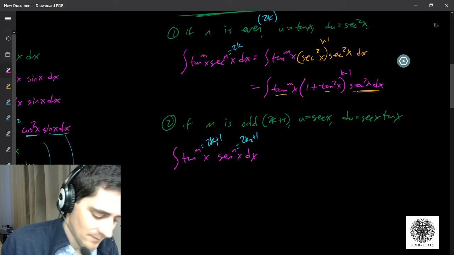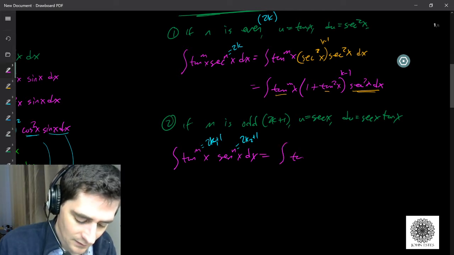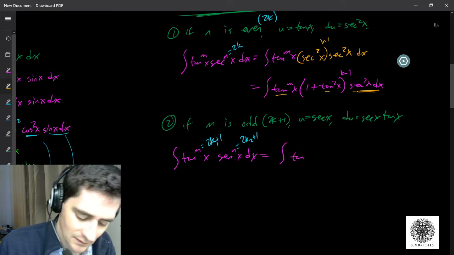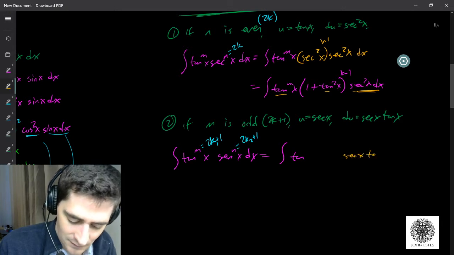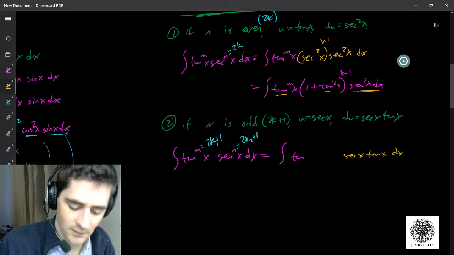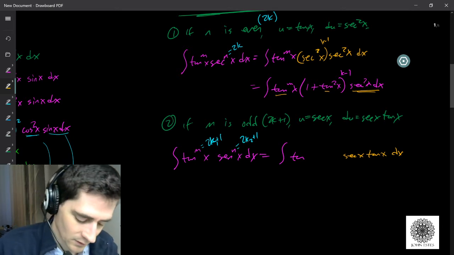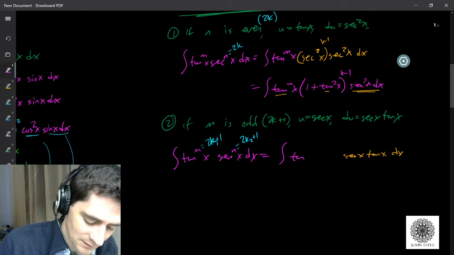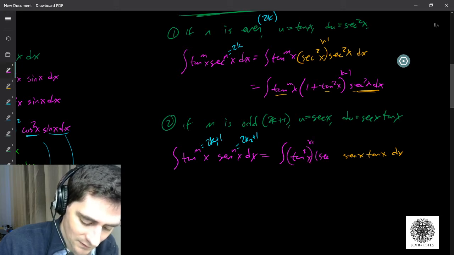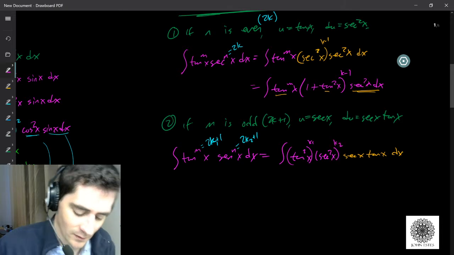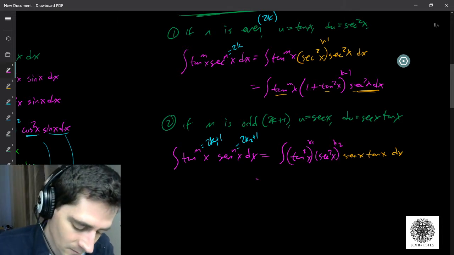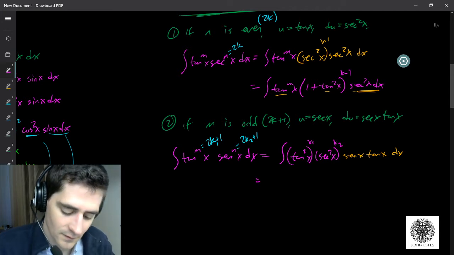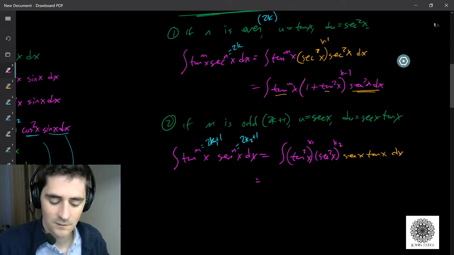Then what I can do here is peel out a secant x tangent x dx, and that's going to be my du. So what did I take out from everything else? I took out one tangent, so I have tangent to the 2k. So I'm going to say it like this, tangent squared to the k1 power, and then same with secant, secant squared to the k2 power. And now I can rewrite, I'm letting du be secant x tangent x dx, so my u substitution is going to be secant.